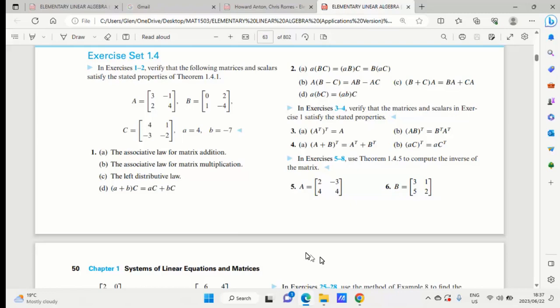And the matrix A is positive 3, negative 1, positive 2, positive 4. Then I multiply both of them: 0 multiplied by 3 is 0, plus 2 multiplied by 2 is 4.